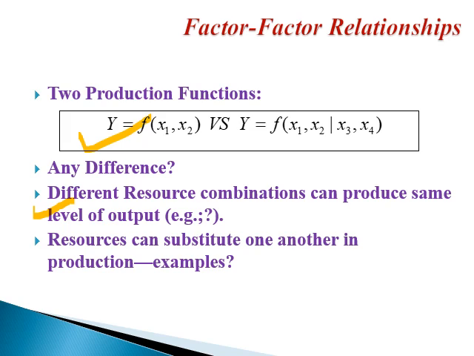So in Egyptian agriculture, we say that Egyptian agriculture is characterized as being labor intensive. What does it mean, labor intensive? It means that we are using more labor than capital in our agricultural production practices. If you look at American agriculture, for example, at the farm level, and the same thing applies to most developed agricultural economies, they use more capital than labor.